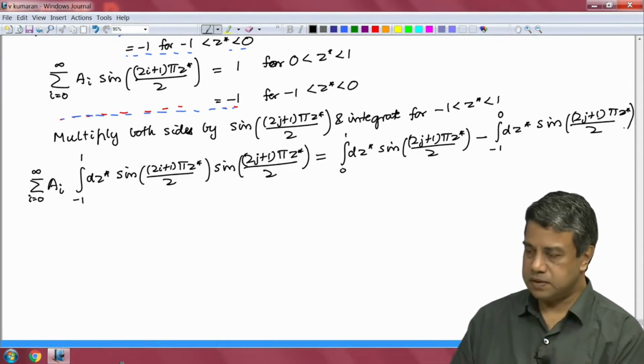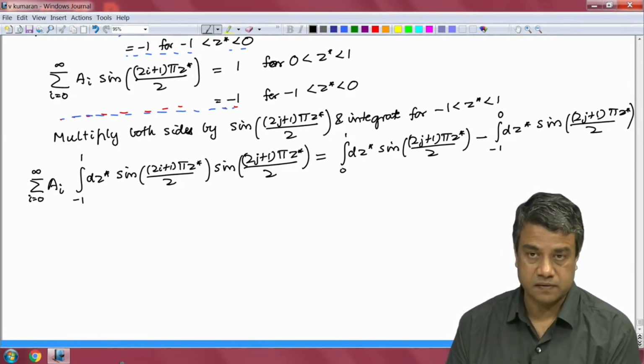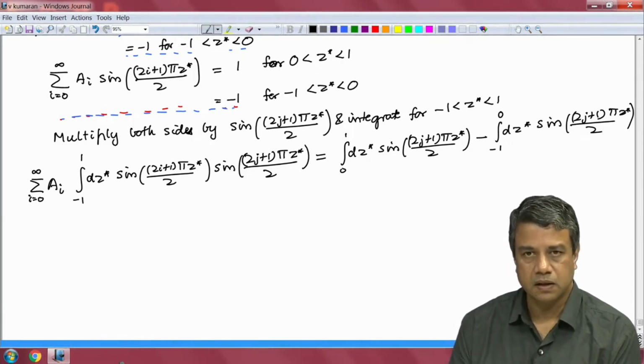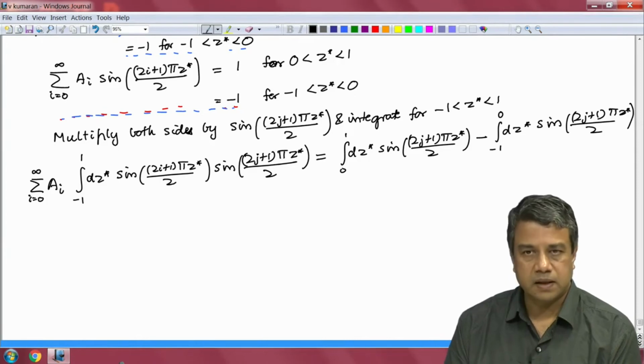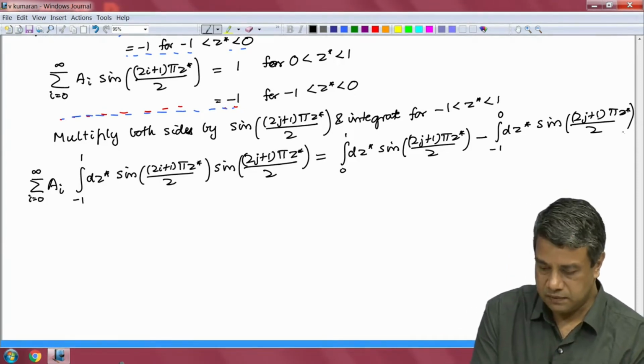From minus 1 to 0 it is equal to minus 1, so I have to integrate minus of sine (2j plus 1) pi z star by 2. By equating the left and right sides I should be able to get a solution for the functions a.